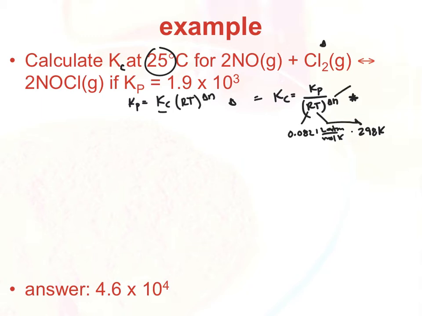And our delta n, guys, is going to be our products minus reactants. So we have 2 moles of our product, NaCl, and we have 1, 2, 3 moles of gaseous reactant. So 2 minus 3 is going to give us minus 1. Now notice, guys, we're only going to count up the number of gaseous reactants and gaseous products.